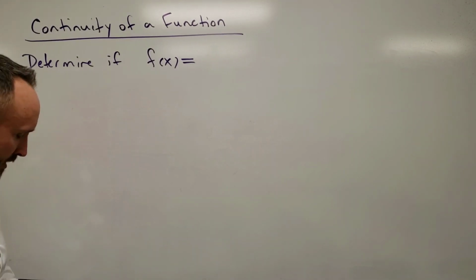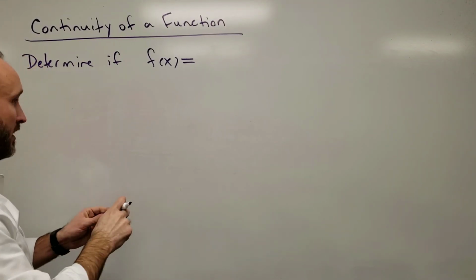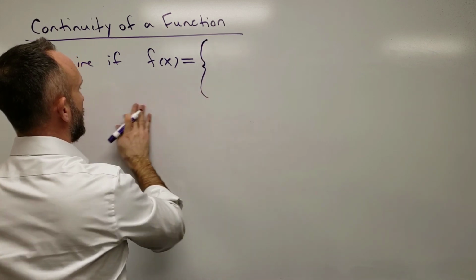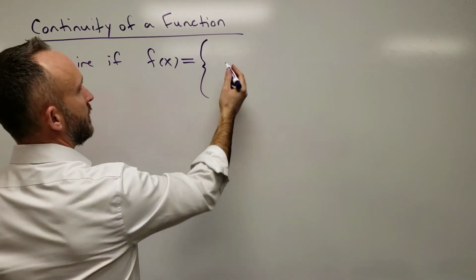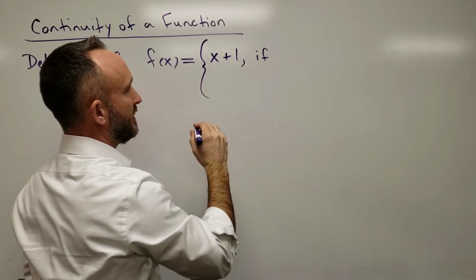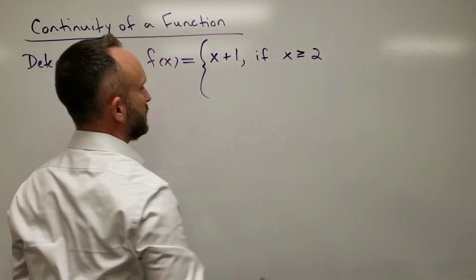Let's look at a piecewise defined function. Let's say f of x equals, the first formula is x plus 1, and we'll say that it's x plus 1 if x is greater than or equal to 2.